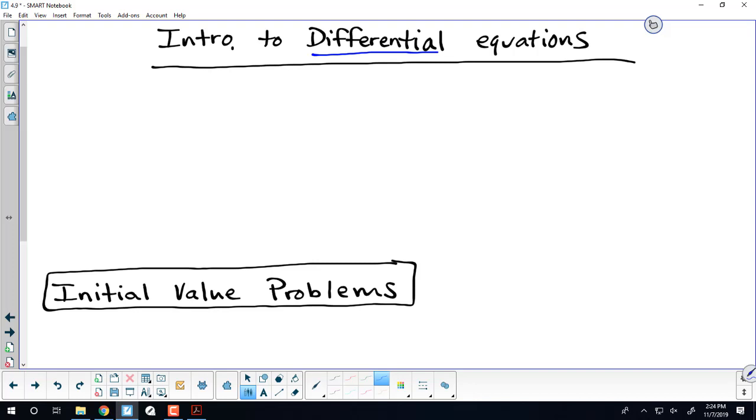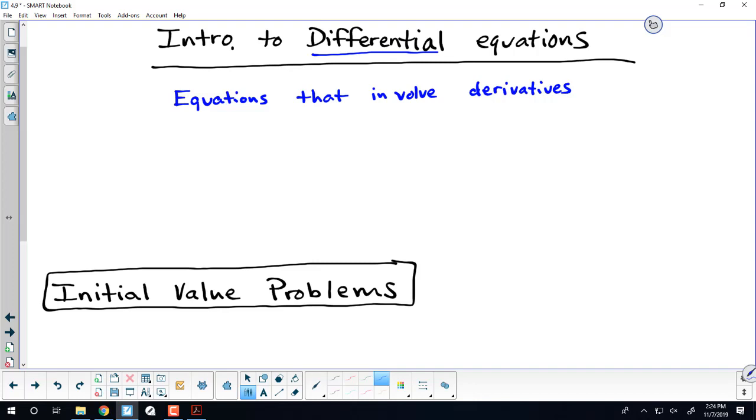So differential equations are equations that involve derivatives. And the point of a differential equation is to find the original function.